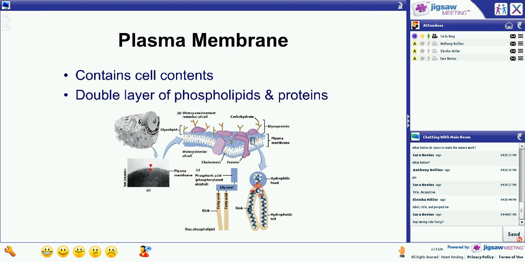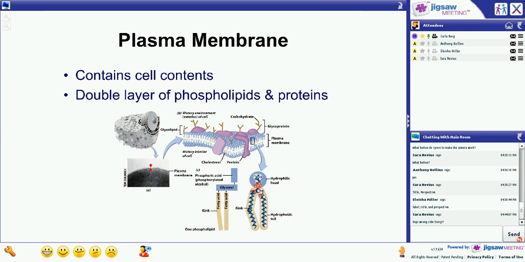Okay, so we're going to talk about the plasma membrane, which is the outer area of the cell. Inside of the plasma membrane are all of the organelles, all of the cell contents. This plasma membrane is a double layer of phospholipids and proteins. Now, this can be a concept that's sometimes a little bit difficult to think about.